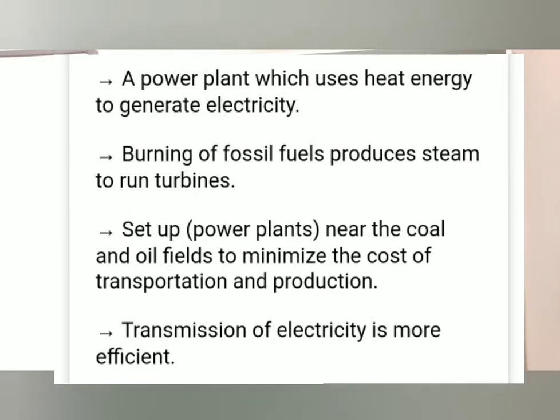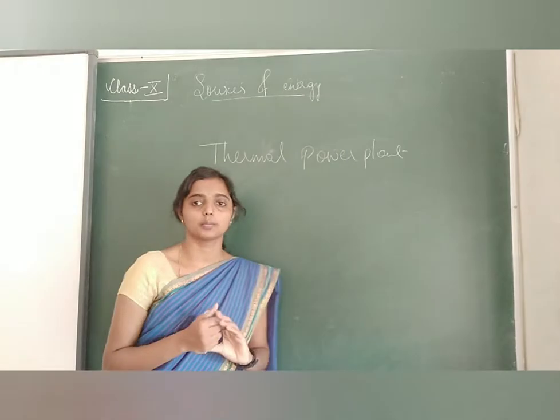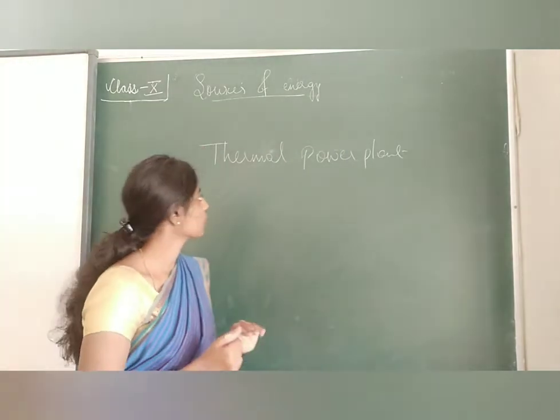Next, the transmission of electricity is more efficient, and due to that many thermal power plants are set up near coal or oil fields to minimize the cost of transportation. So now we have finished our thermal power plant.